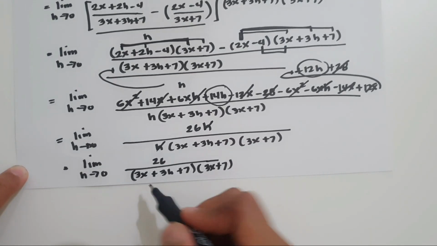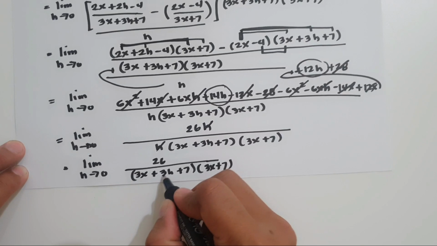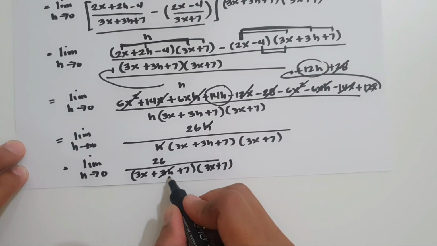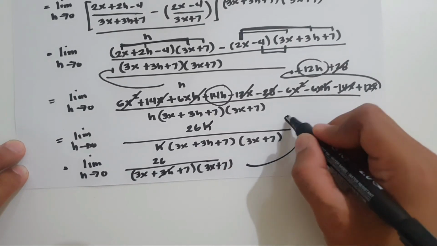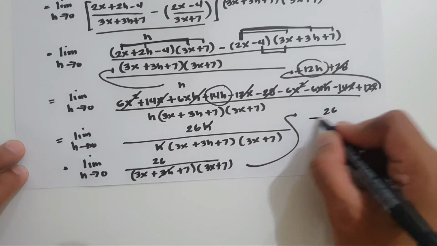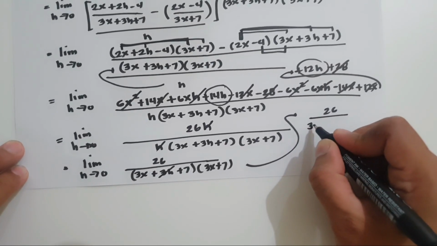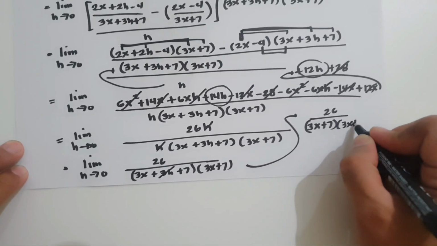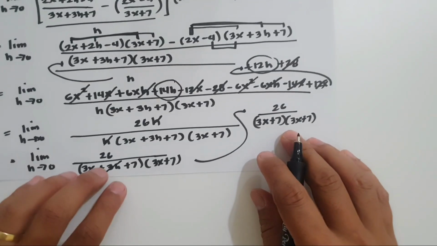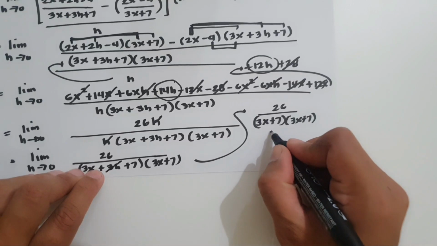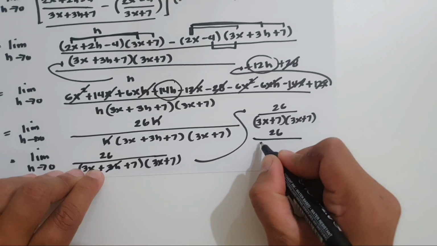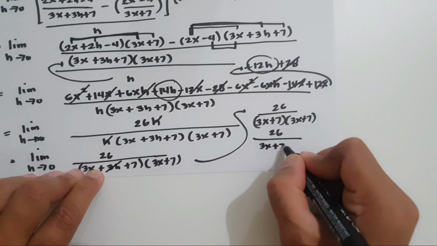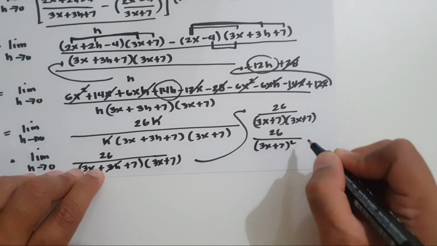Since the value of h is 0, we just simply cancel this one because 3 times 0 is 0. We will end up having 26 over (3x plus 7) times (3x plus 7). So this will give us 26 over (3x plus 7) squared.